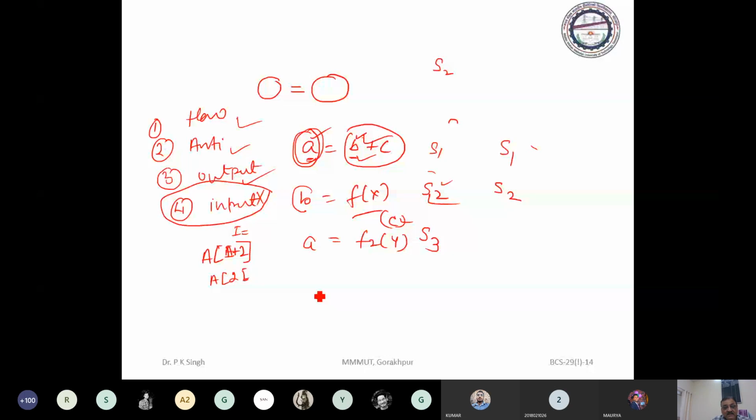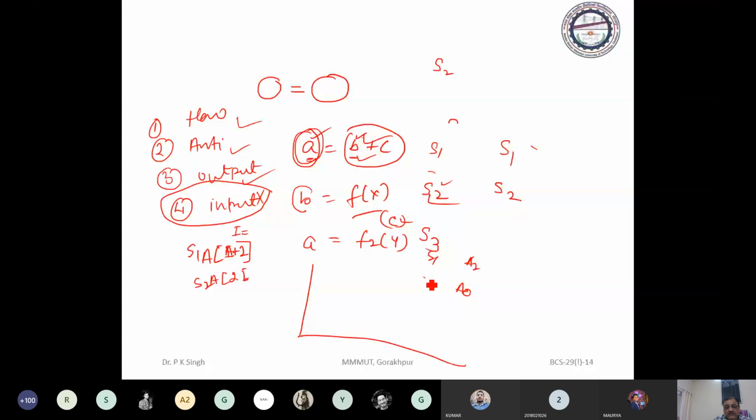So just see, it is in S1, it is in S2. If I equal to 0, then S1 will refer A2 and S2 will refer A0.